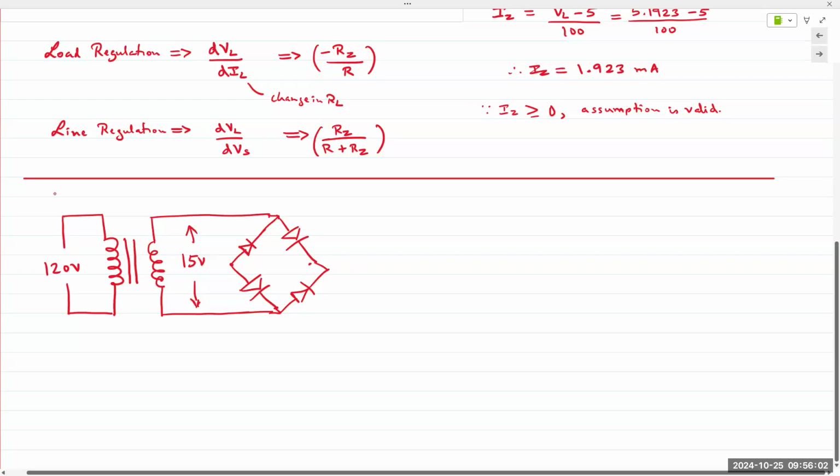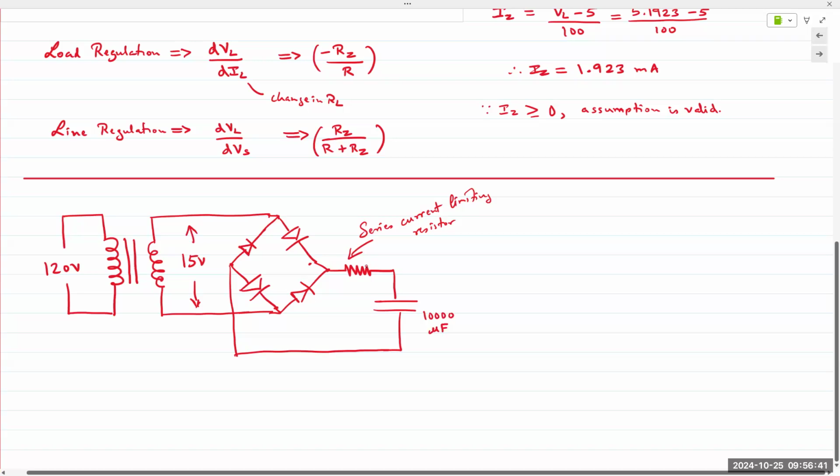And the output of that bridge rectifier can be given to a capacitor. Let me put a series current limiting resistor. Give it to a capacitor that is perhaps 10,000 microfarads, very large.